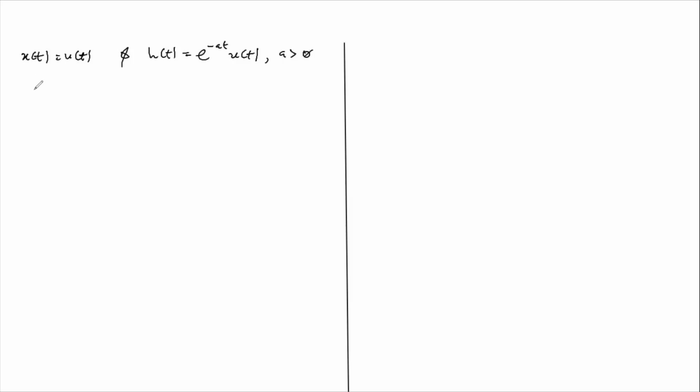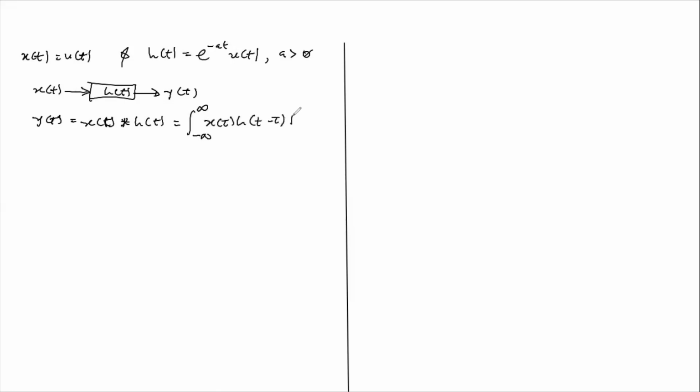If we assume a system h of t with output y of t, then y of t is s of t convolved with h of t, which is the integral from negative infinity to positive infinity of x of tau, h of t minus tau, d tau.